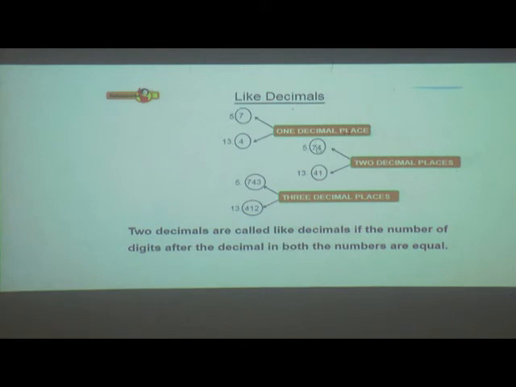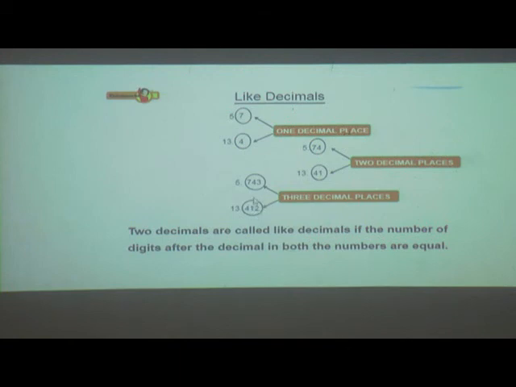Here after the decimal there are two digits, here also two places, so we say two decimal places. Then 5.743 and 13.412: here after the decimal there are three digits, here also three digits, so they are like decimals.